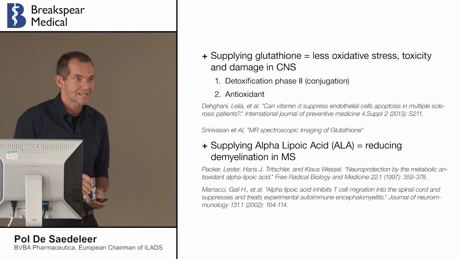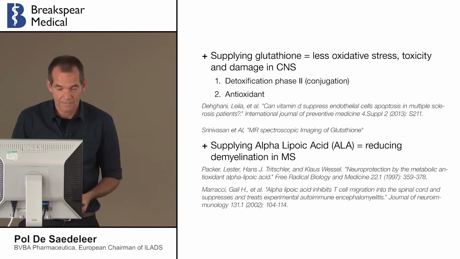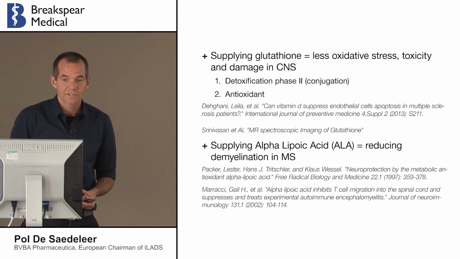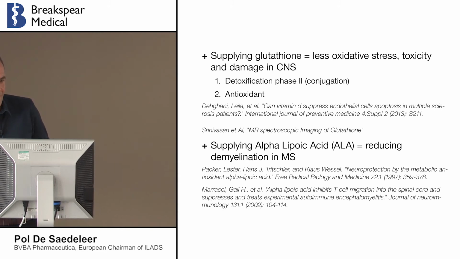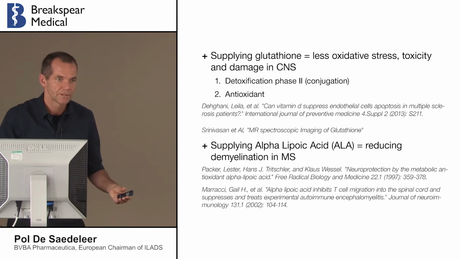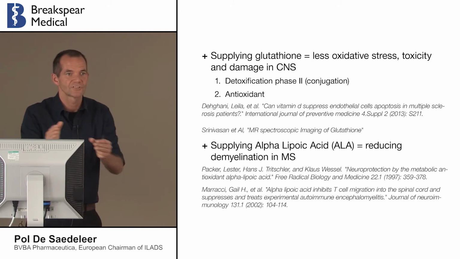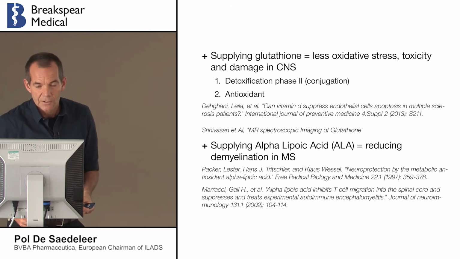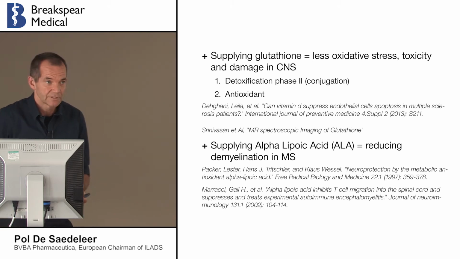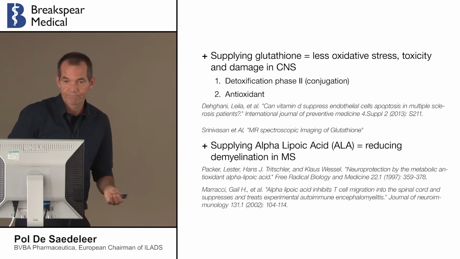And we see less damage in MS. Great studies and great results. In this study, we have less than 10% of patients who didn't improve after 3 months or after 6 months. So I think it's a pretty good result, considering that biotin has no side effects.